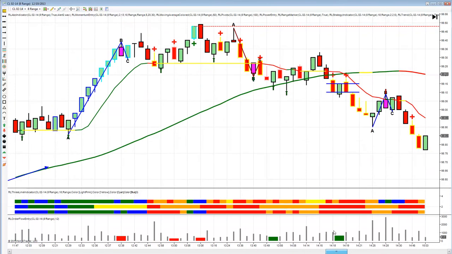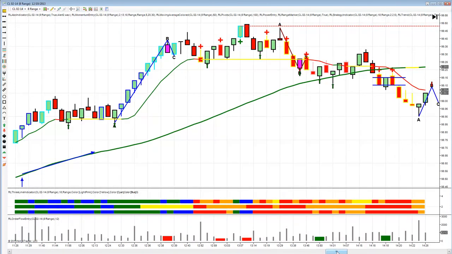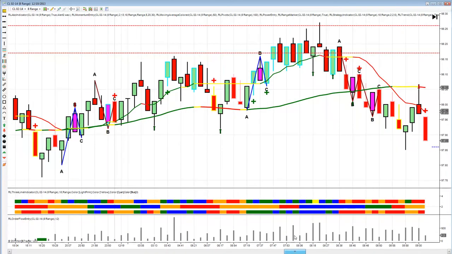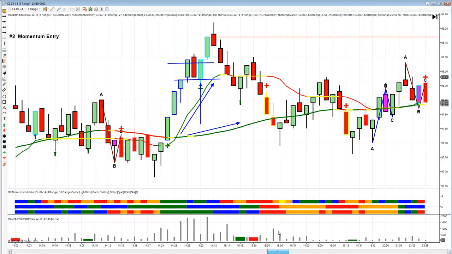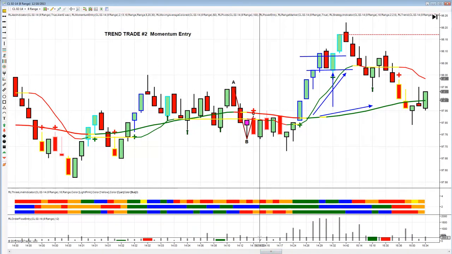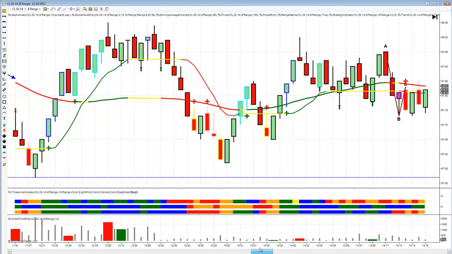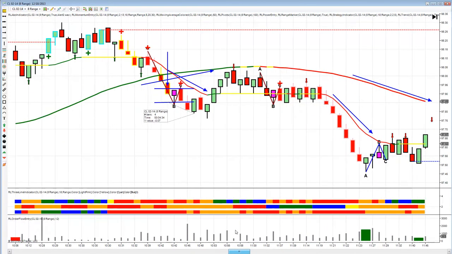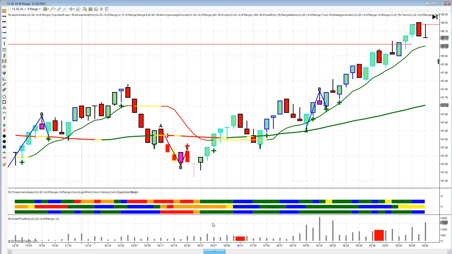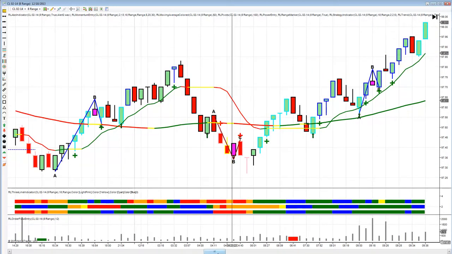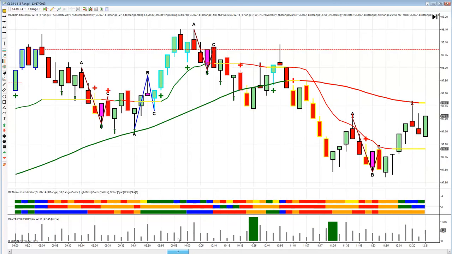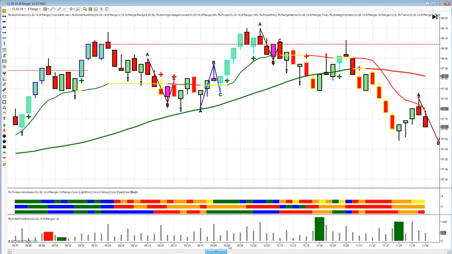Now, when I trade them in the trading room, it's up to you, based on what I just said, that these are the riskiest of all of our trade entries, but also potentially the most lucrative. So let's find a real good one here. And let me show you what I'm going to be looking for when I take one. Sorry, I hope I'm not giving you a vertigo here by flipping through these charts so much.